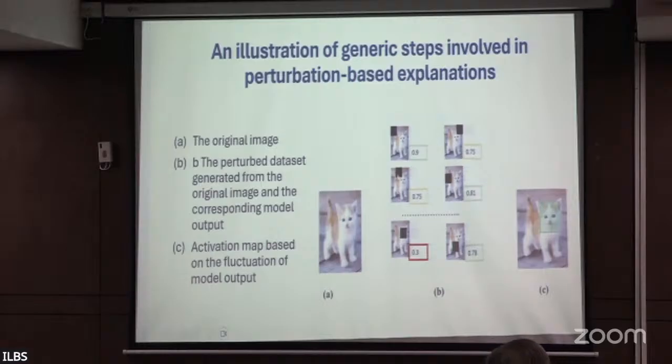Otherwise, if the missing parts are in different sectors, the prediction is almost similar, positive, it is a cat. But when the face is missing, the prediction is wrong. So from this result we can interpret that the face is the most important part of the input image to identify whether it is a dog or cat.